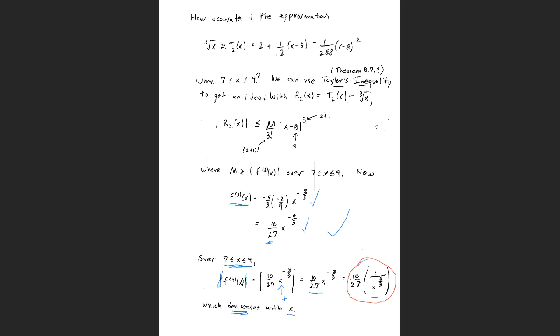Well, and so now, Tina, we have to find M, and this piece of information is very important. Remember, M is by definition a value that's greater than or equal to the absolute value of your third derivative. Well, here's our third derivative. It decreases with x.